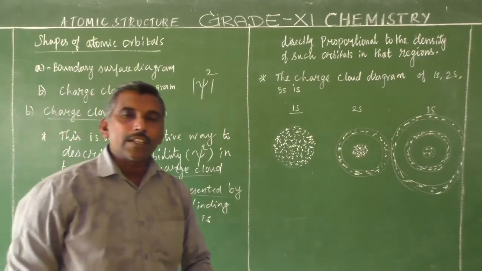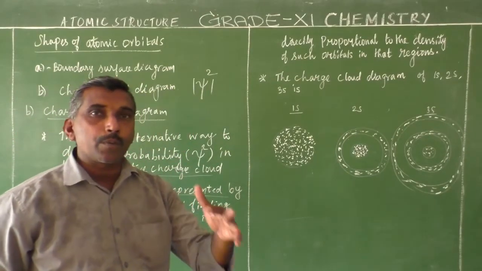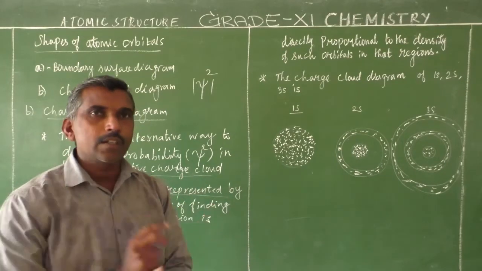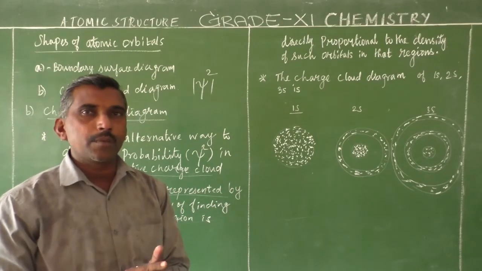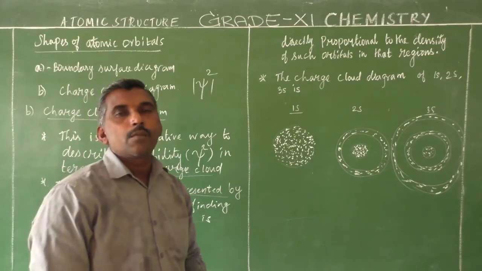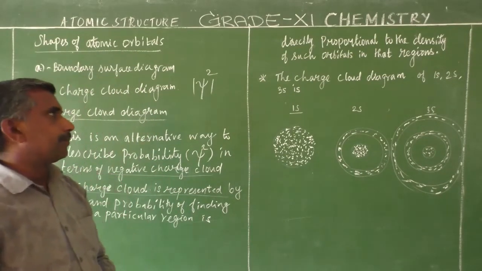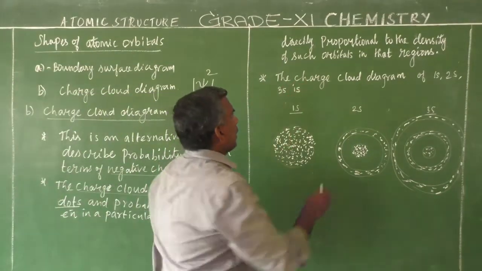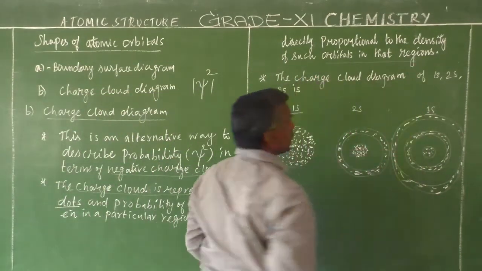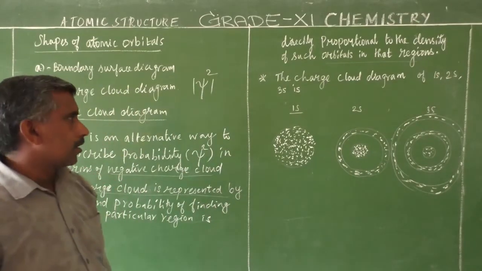In the area where the electron density is maximum, the probability of finding the electron is maximum.